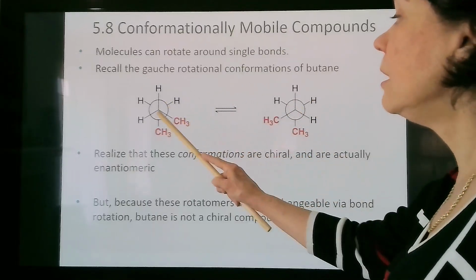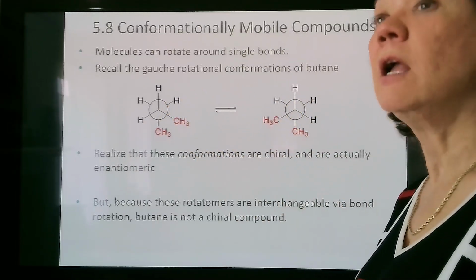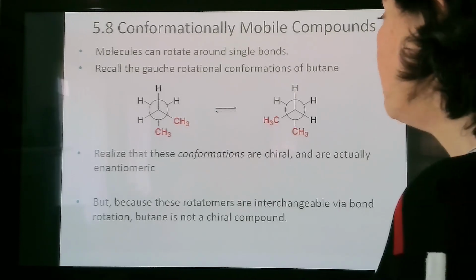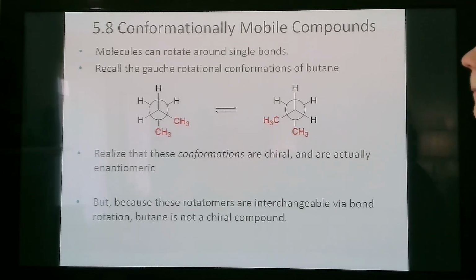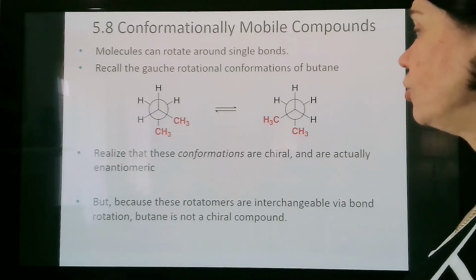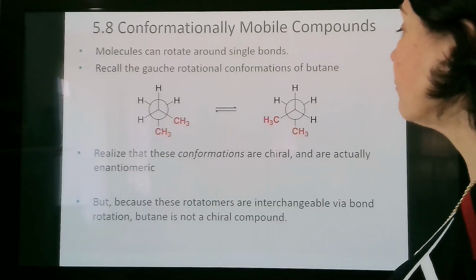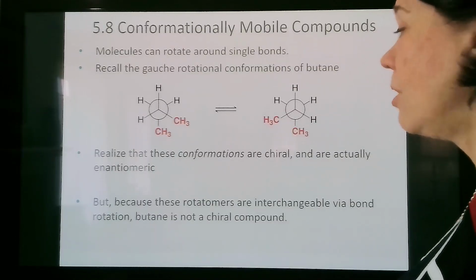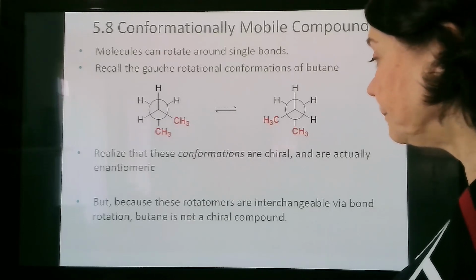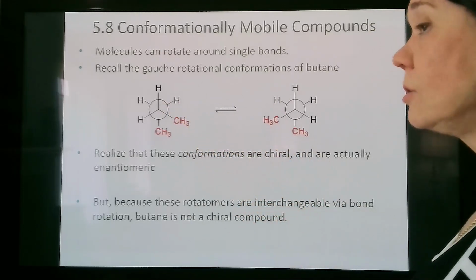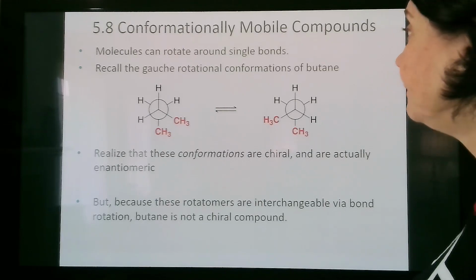This interconversion is just happening too fast to make any isomeric relationships useful. So these are regarded as conformers and not isomers. So this compound is not regarded as chiral.